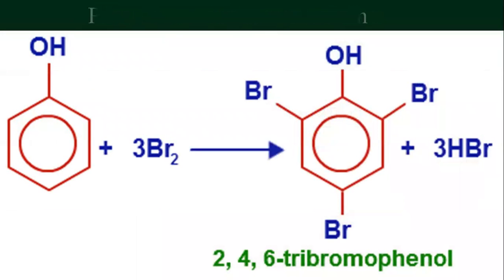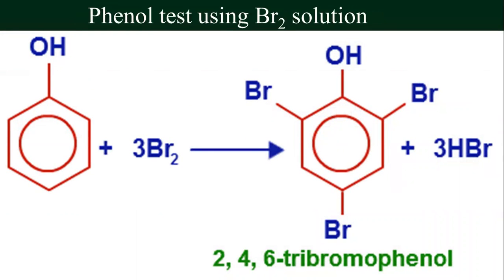Now, phenol test using bromine solution. When bromine solution is added to phenol, then 2,4,6-tribromophenol is produced, and in this case the red color of bromine solution disappears. After this happens, we can identify phenol.